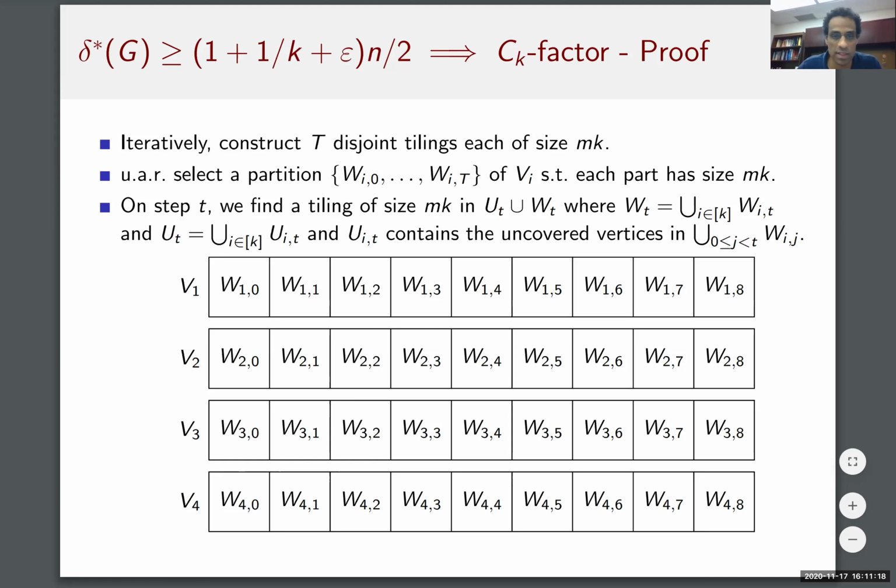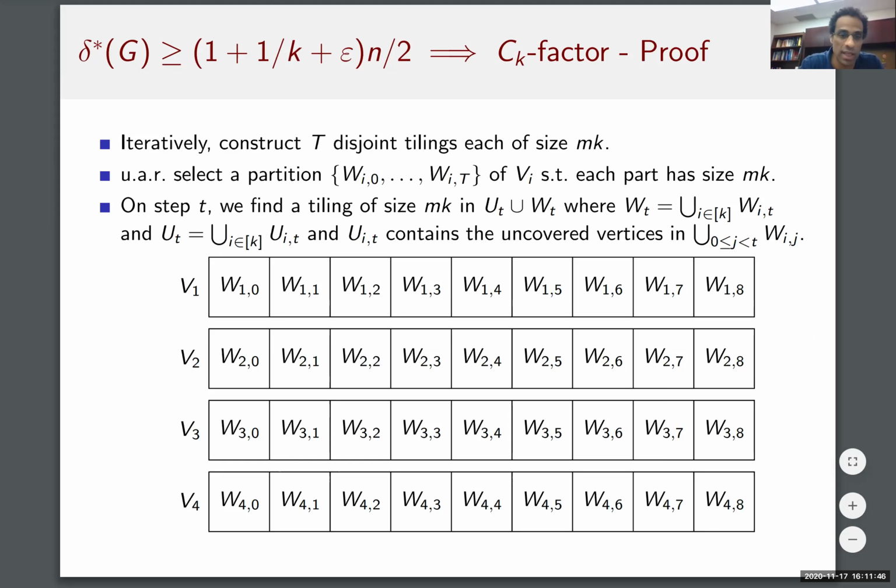Let's think about this for a second, and actually start with just T equal to 1. That's our first step. On step 1, what's WT? W1 is this column. What's U1? U1 is this column, because no vertex is covered yet. I haven't found any cycles yet, any C4s.